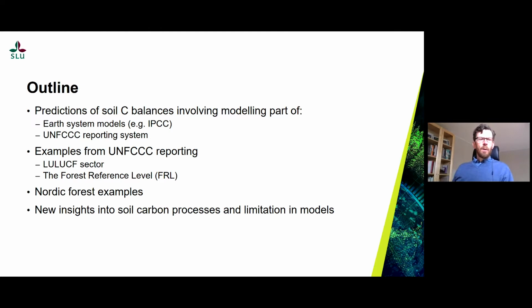Besides that, of course, these models are widely applied, for example, in the Earth system models that the IPCC uses for their climate assessments. And as well, they are used nationally for different assessments.